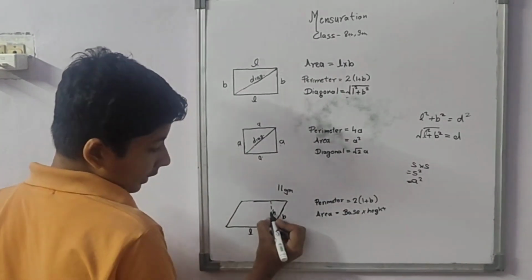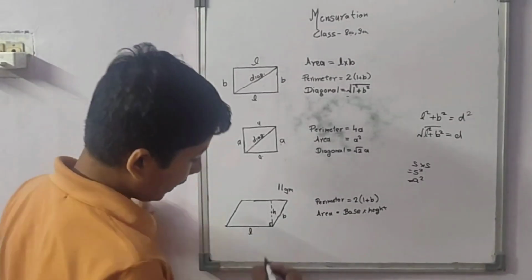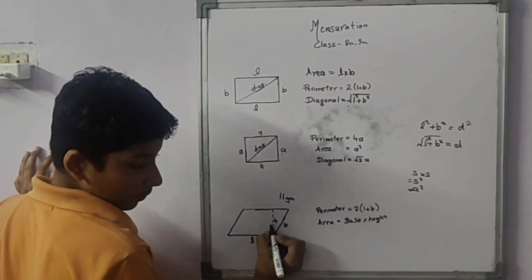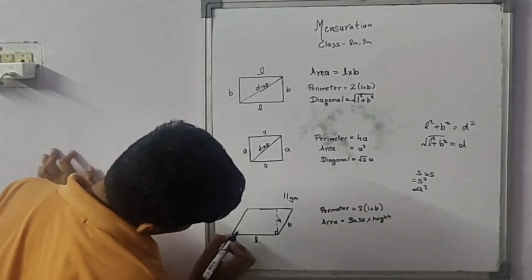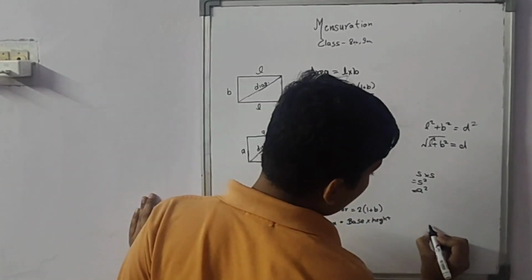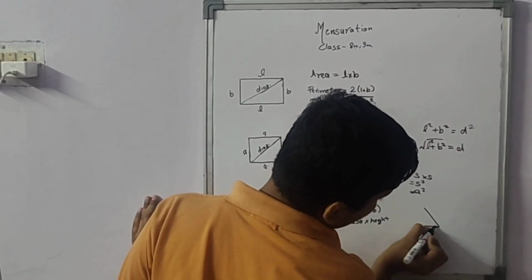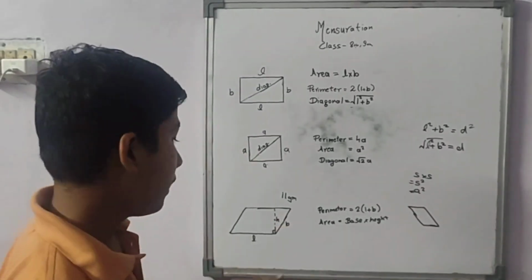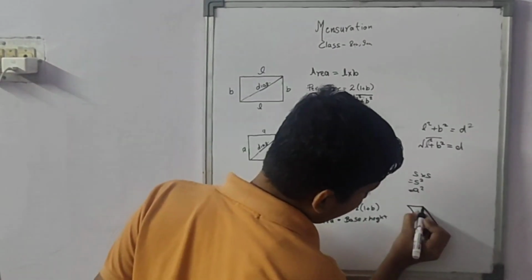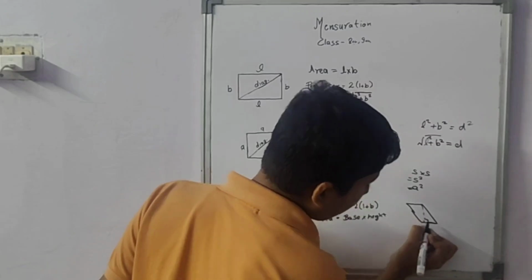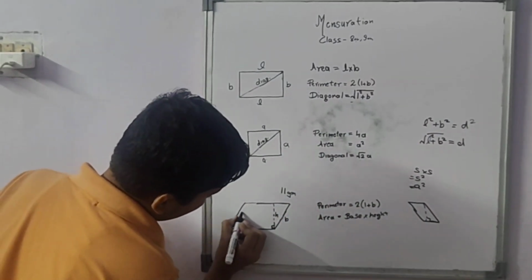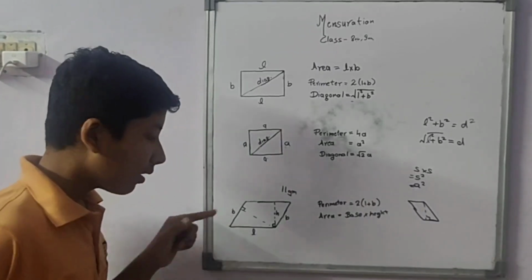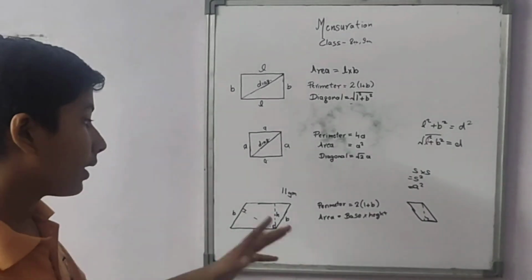So if we have taken this height and it is forming 90 degree angle over here, so this will be our base and this will be our height. But if we take this one as base, it would be like this. So it would be forming 90 degree angle over here. So then this B will be our base and this H dash will be our height.